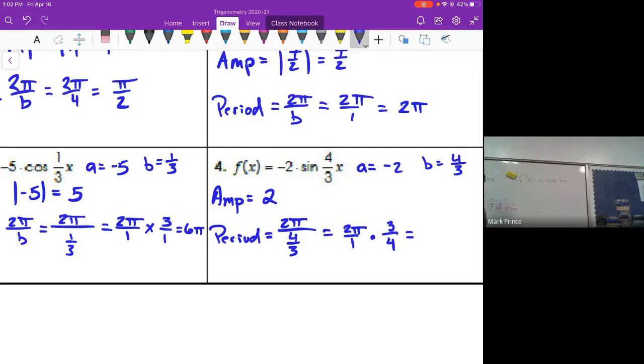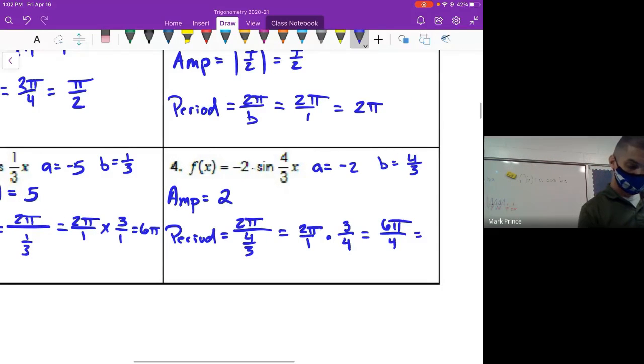Yeah, only flip the denominator. And then you can cross simplify if you want, but let's just multiply the top and multiply the bottom. So 2 times 3 will give me 6 pi in the top. 4 times 1 gives me 4 in the bottom. And then you simplify this fraction here. 2 goes into both of them. So it becomes 3 pi over 2.